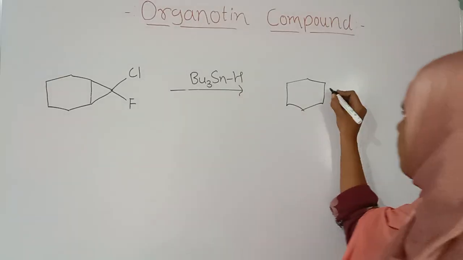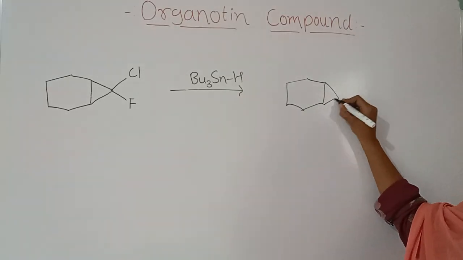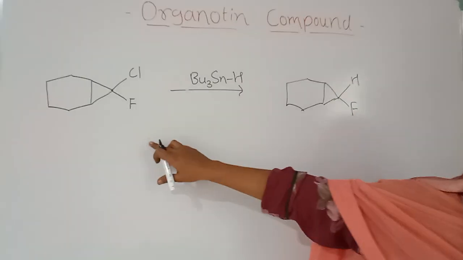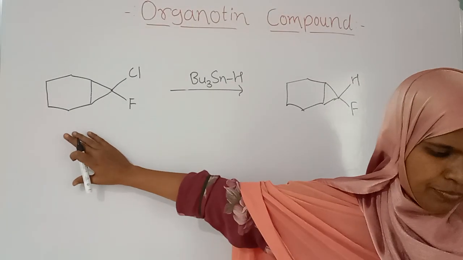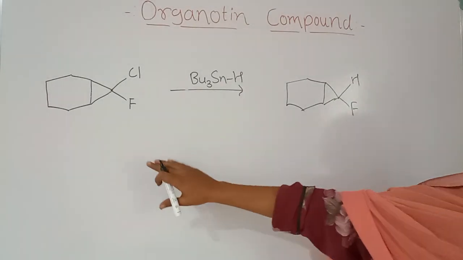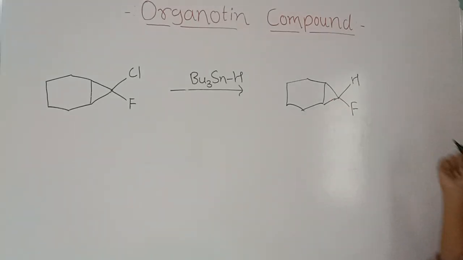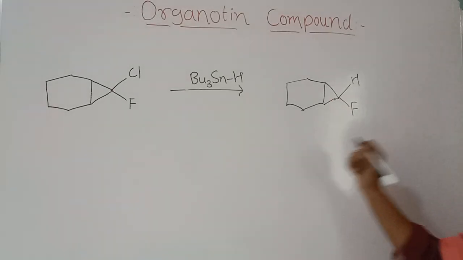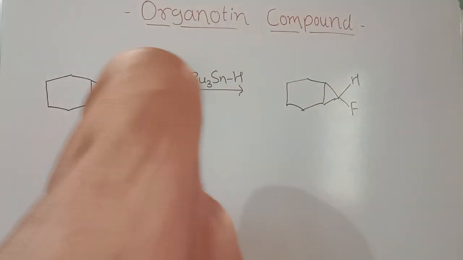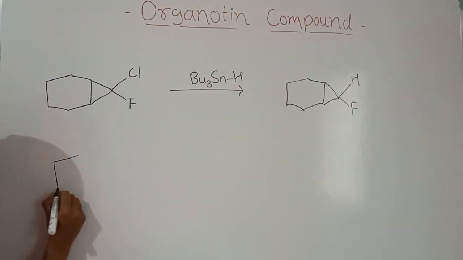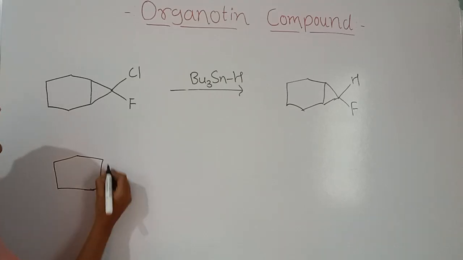Then we get this geminal dihalide converted into a monohalide. Here only chlorine is reduced. Then again, another example.